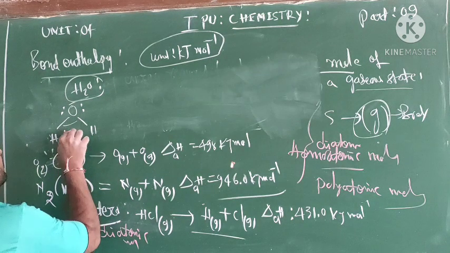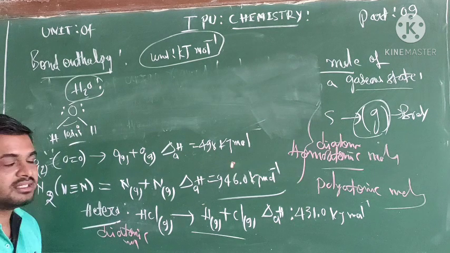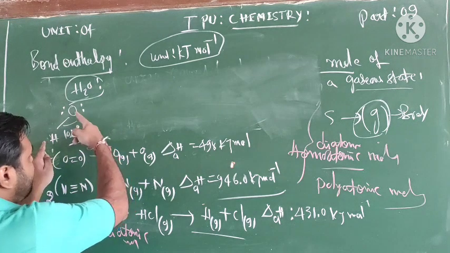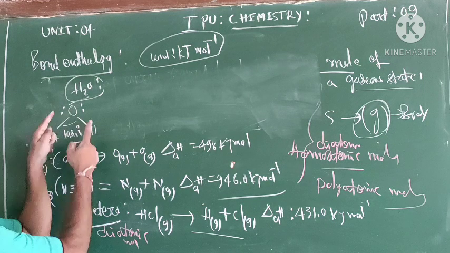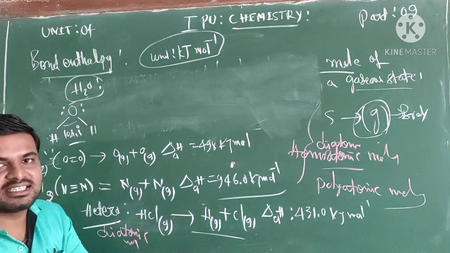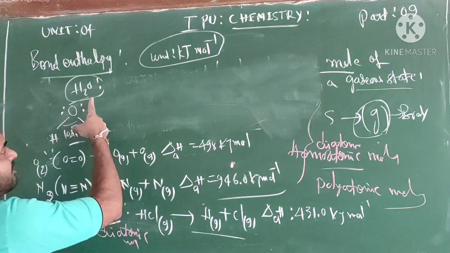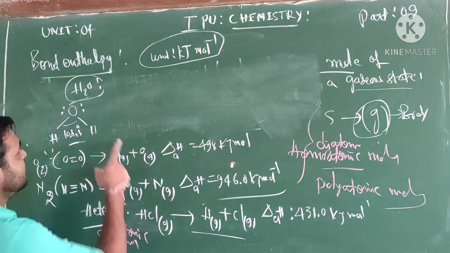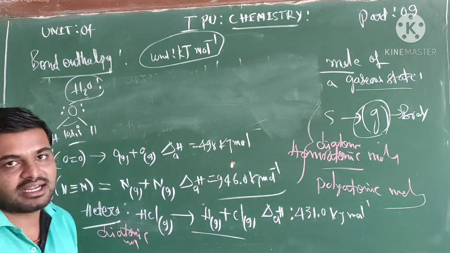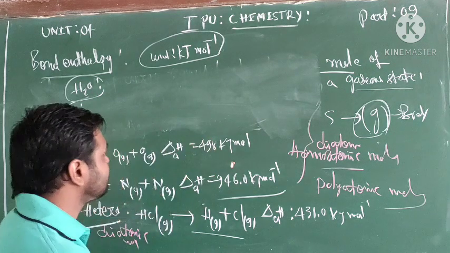This is 104.5 degrees, right? Just observe this OH bond, and this is also an OH bond. These are 2 identical bonds. In polyatomic molecules, more than 2 atoms are present; here 3 atoms are present.